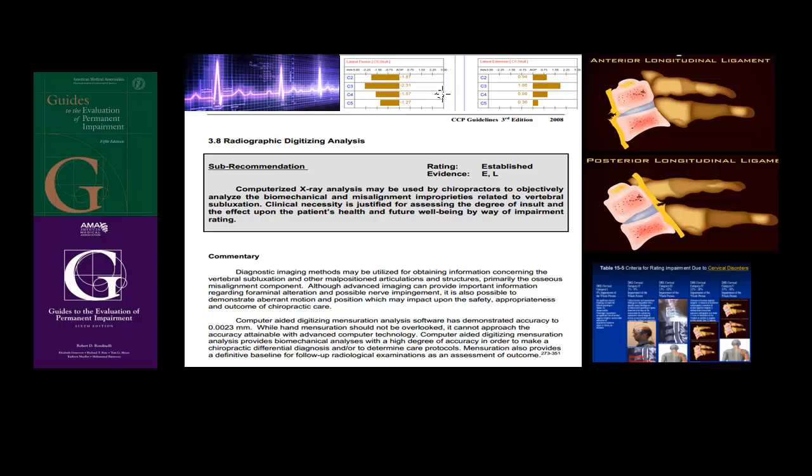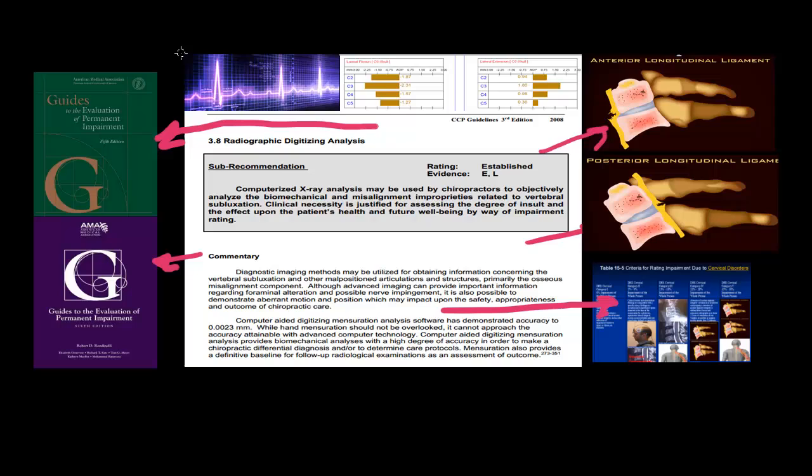This information of what the measurement for these findings are come right out of here, the AMA impairment guides. Now, those AMA impairment guides allow the provider to determine how much of this do we have, and does it actually qualify for inclusion into the impairment guidelines.